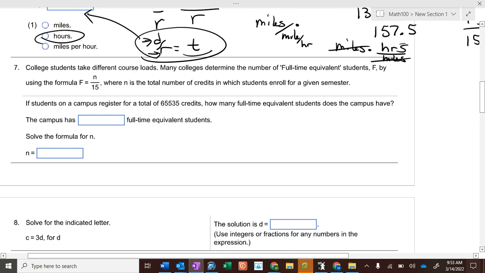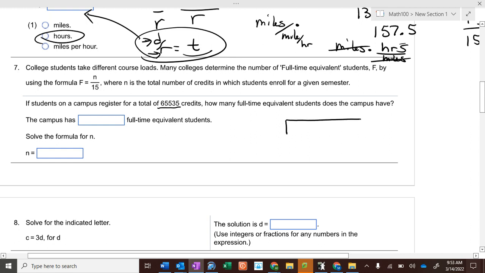College students take many different course loads. Many colleges determine a full-time equivalent by taking the formula F equals N divided by 15, where N is the total number of credits in which a student enrolls in a given semester. If students on campus register for this many credits, how many full-time equivalent students does it have?